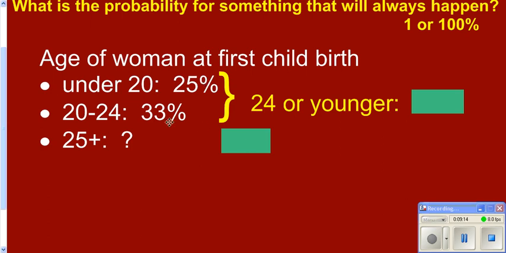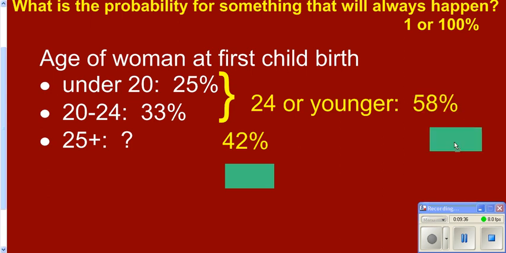And so you'd add these together and subtract from 100, and you get 42% for this one. Or suppose I asked the question, what's the probability that a woman has her first child at age 24 or younger? Well, you'd probably just go ahead and add these 2 percentages together, and you would be right with that.